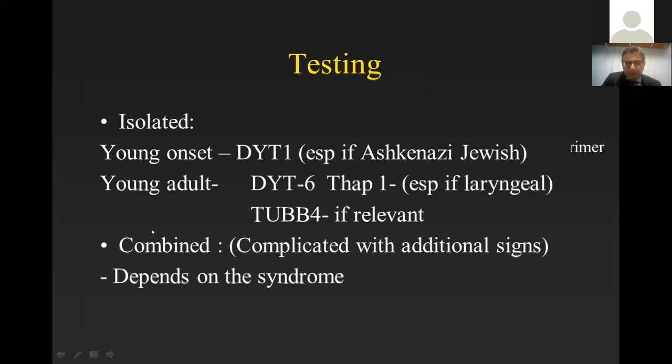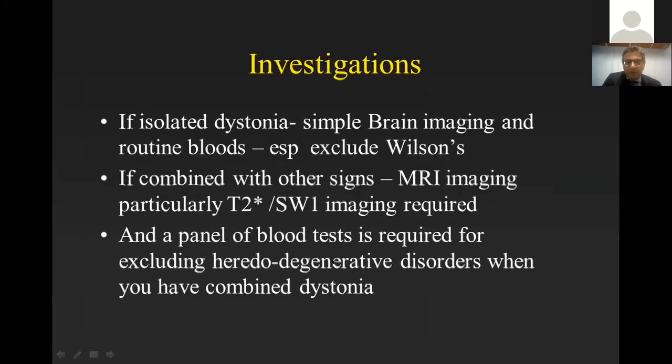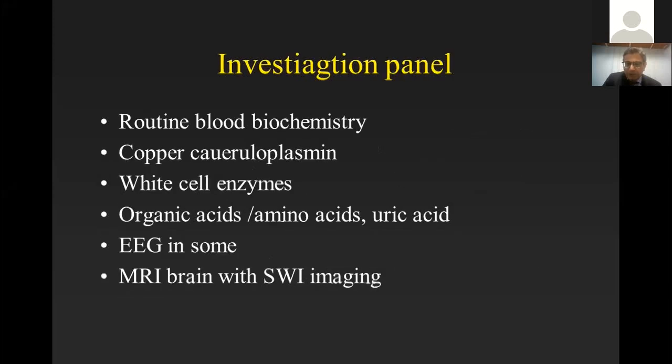DYT4 may be important. If it is combined and complicated with additional signs, then of course it does depend on the syndrome, but make sure that you do imaging with T2 star SWI, because brain iron accumulation and other things can be picked up by that. And a panel of blood tests is required for excluding hereditary disorders when you have combined dystonia.